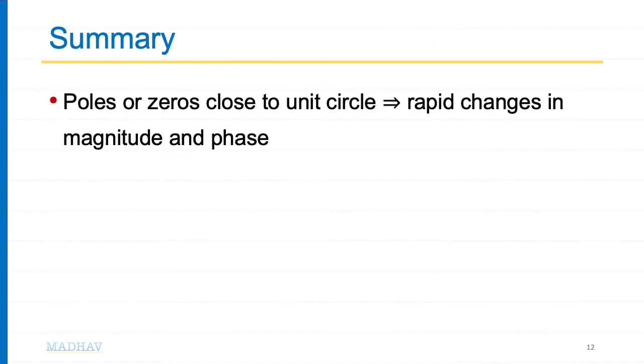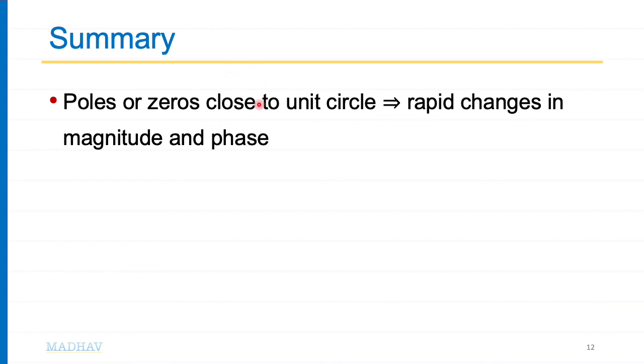Okay, let's summarize the whole thing. Poles and zeros that are close to the unit circle will bring about rapid changes in magnitude and phase. And as my poles and zeros are farther from the unit circle, the change which they bring about will be smaller. Why? Because we are measuring the length of the vector from the unit circle, because e to the power j omega always lies on the unit circle.